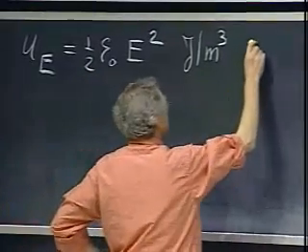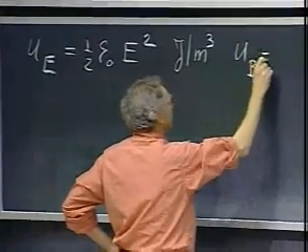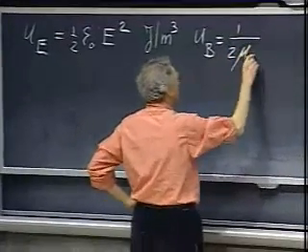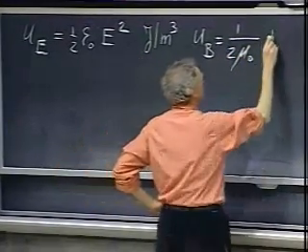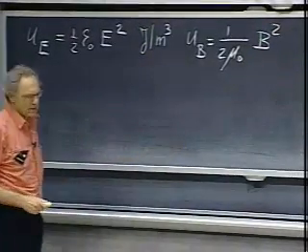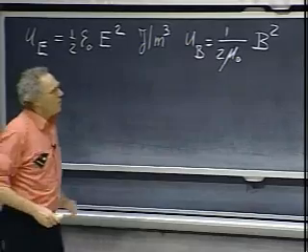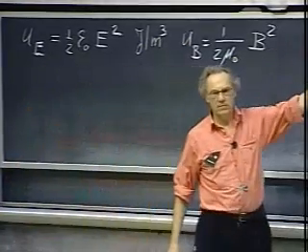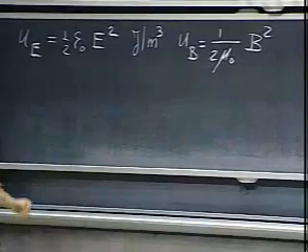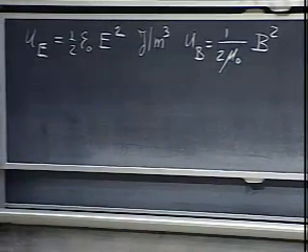And the magnetic field energy density, which also has come up earlier in the course, is 1/2 mu 0 times B squared. Again, joules per cubic meter. Now, when we deal with traveling waves in vacuum, at any moment in time, the magnitude of B is E divided by c.